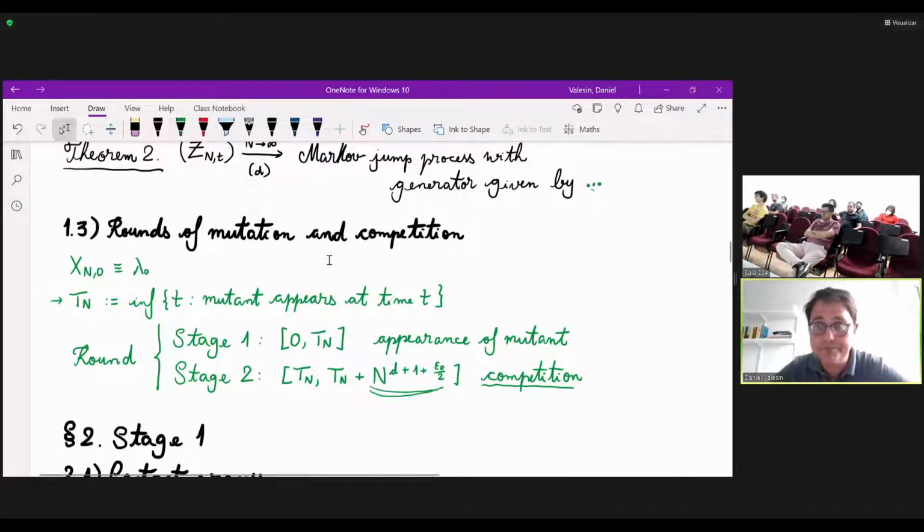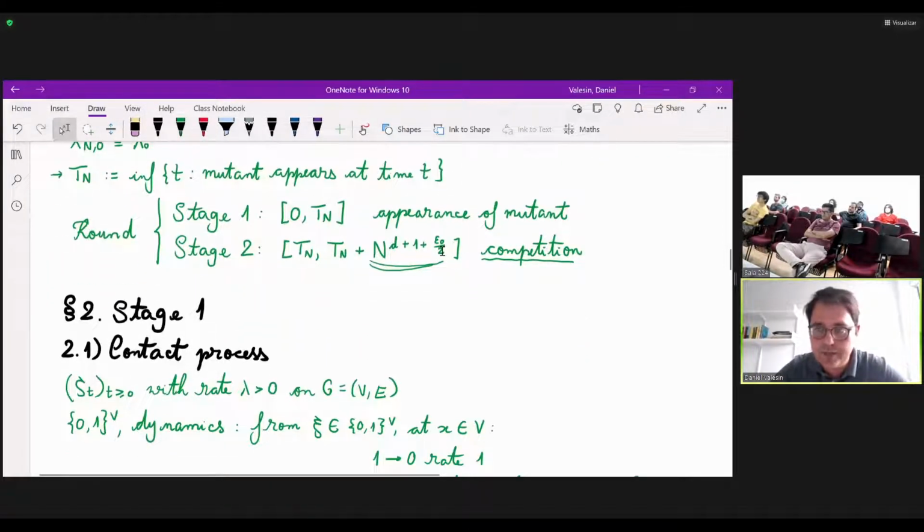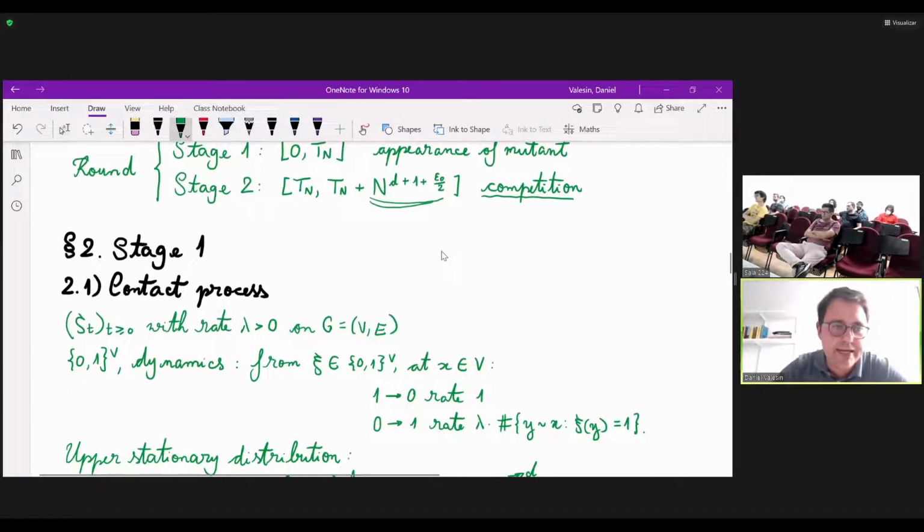So, starting with stage 1, I have to very briefly explain what the contact process is. The contact process, I'll denote it by zeta t in this talk, with infection rate or birth rate lambda on a graph. It's a process on the state space 0, 1 to the power of vertices of the graph.